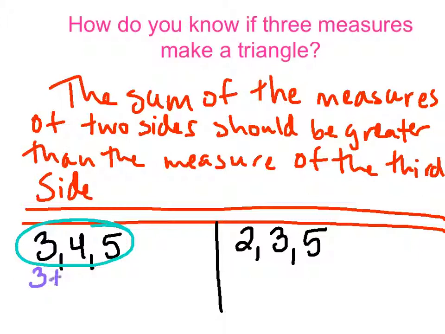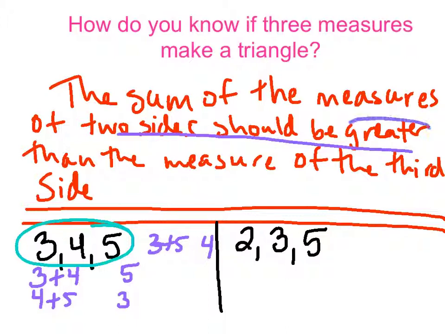If we take the sum of two sides, any two sides, and compare it with the third side, we should get that the sum of any two measures of two sides should be greater than the measure of the third side.